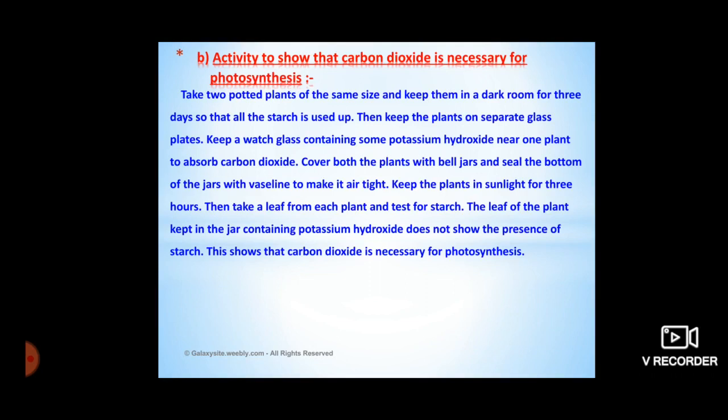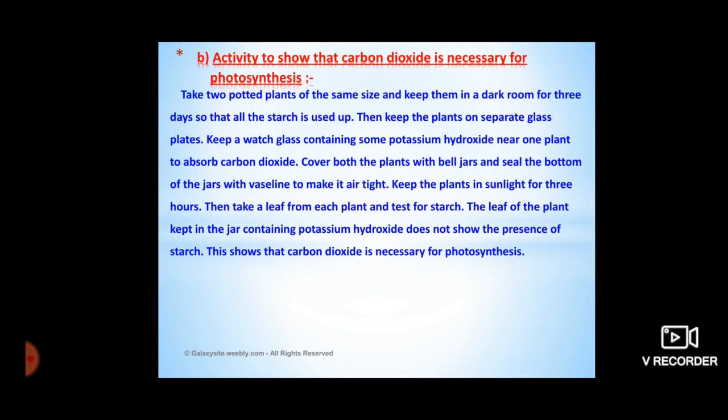So this represents part A, which means in the one where we kept the potassium hydroxide crystals, photosynthesis does not take place and there is no starch, because potassium hydroxide absorbs the carbon dioxide present in the closed pot.